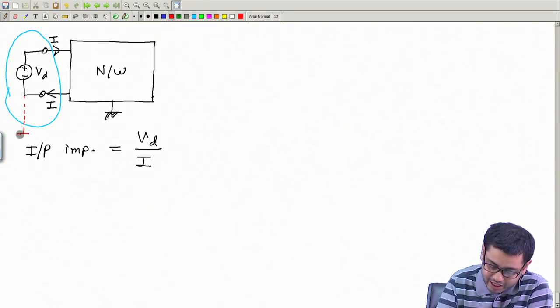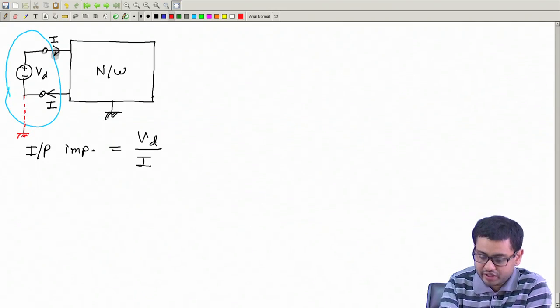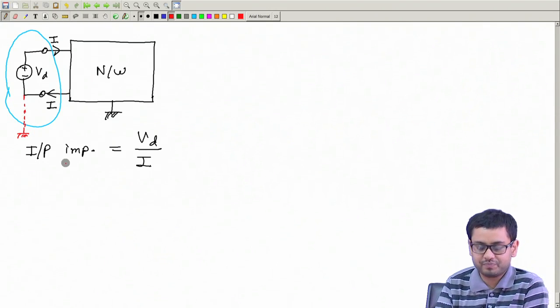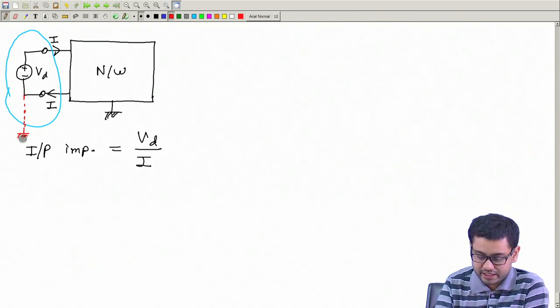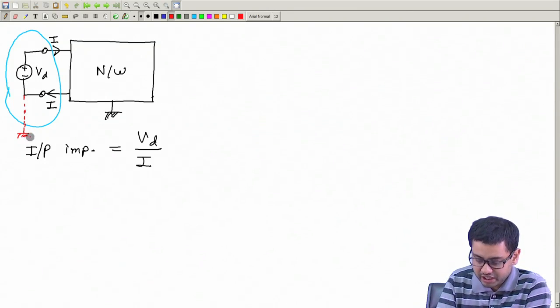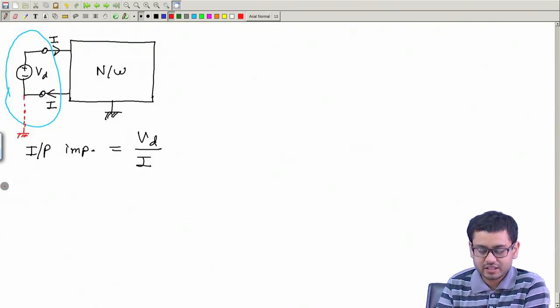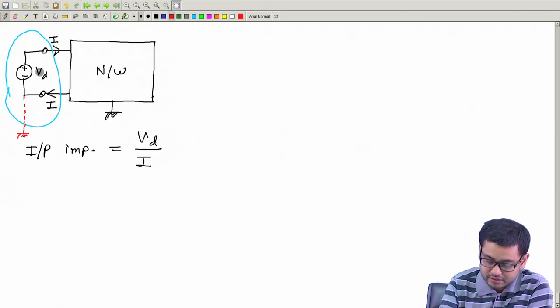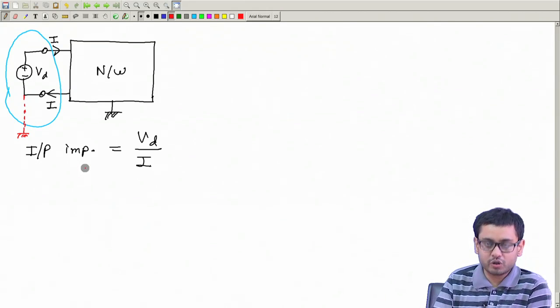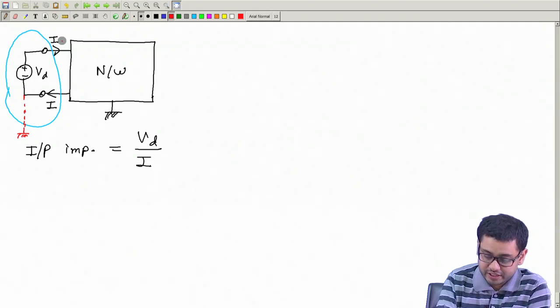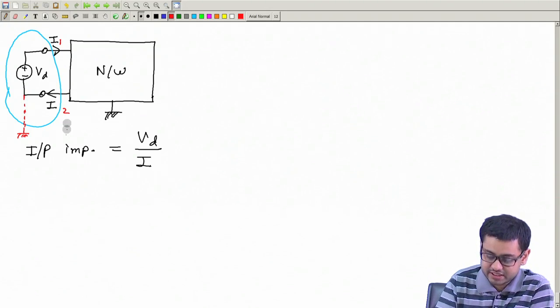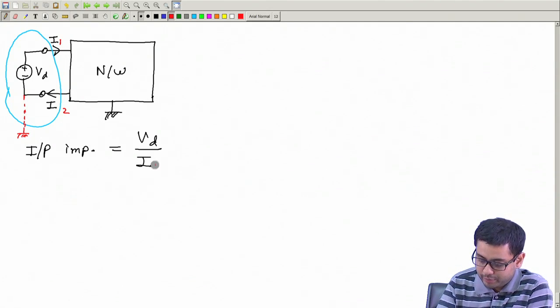If I have a common ground, then it is not necessary that these two currents are the same, because there is another path through which current can go in or out. So if I call this I1 and this I2, should I put I1 here or I2 here?